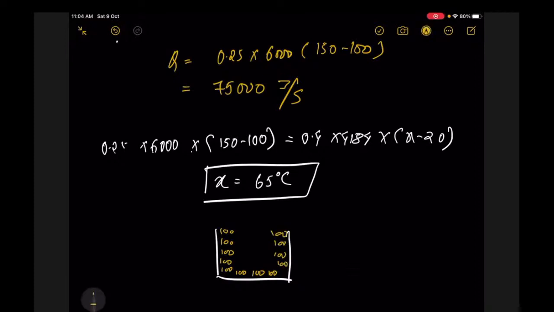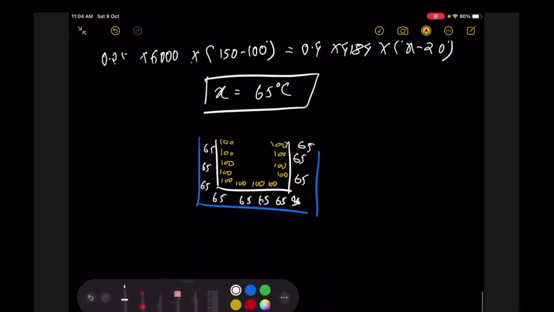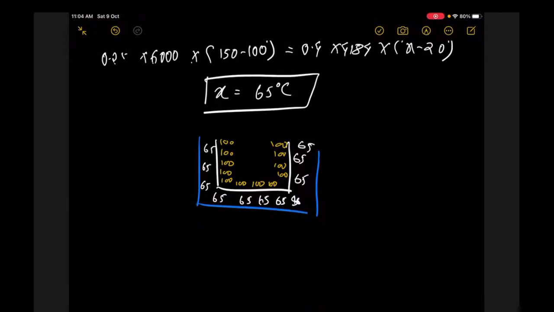And at the outer side, everywhere the temperature is 65, because both are perfectly mixed. So if you calculate the LMTD from here, what will be the LMTD? LMTD will be 100 minus 65, that is 35.